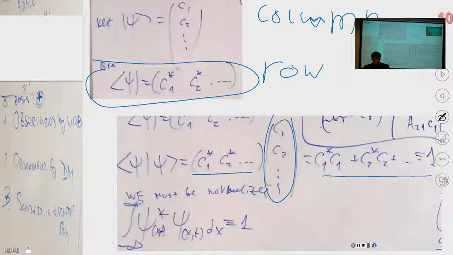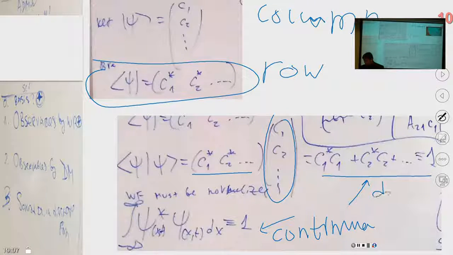So for any quantum state, even if it is represented by vectors instead of wave functions, there is a normalization condition. Normalization for continuous and for discrete.